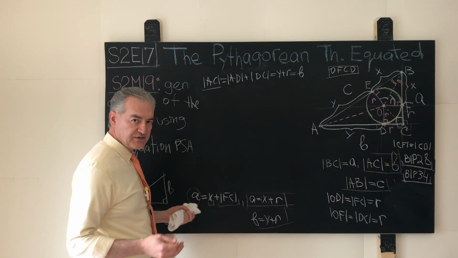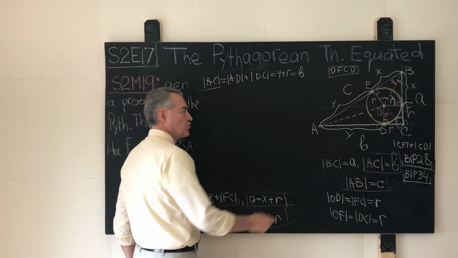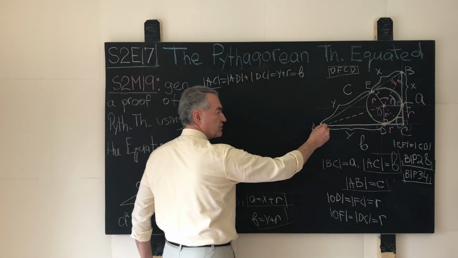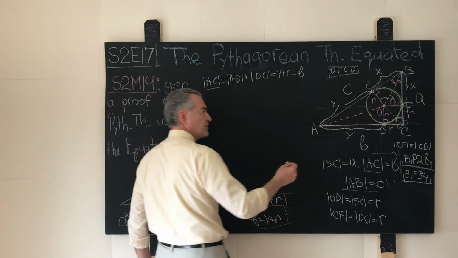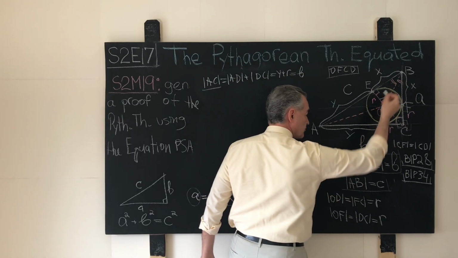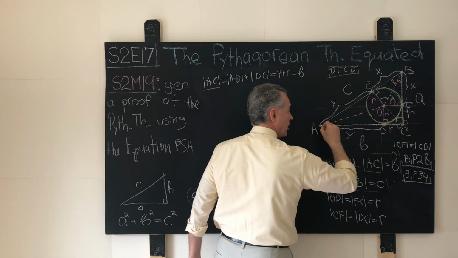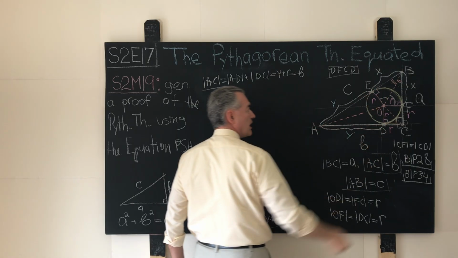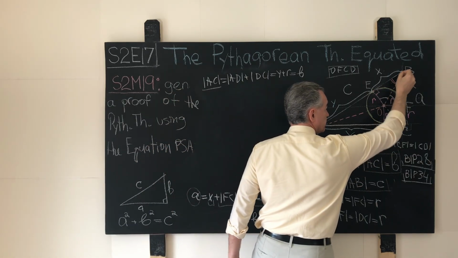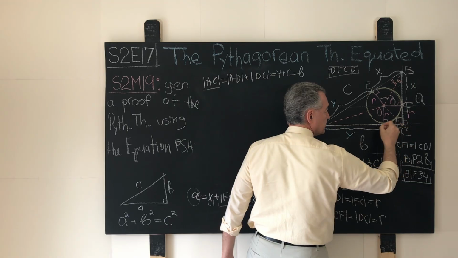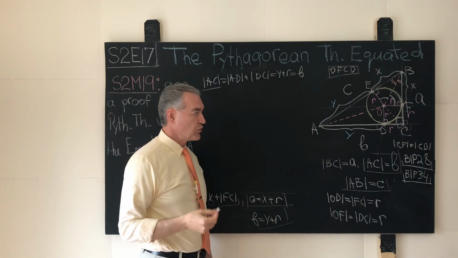It may seem that we're chasing our own tail, but luckily we are not, because how can we interpret the point A in this case? The point A can be interpreted as a fixed point that is external to a fixed circle, the inner circle of the given right triangle. And through that point, two tangents are constructed to precisely that circle. In the previous couple of segments, we already proved that the lengths of these tangents are one and the same.